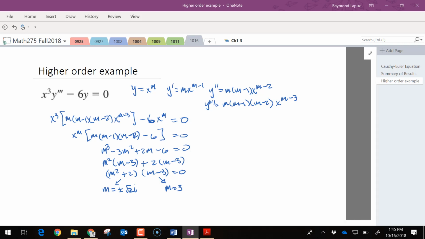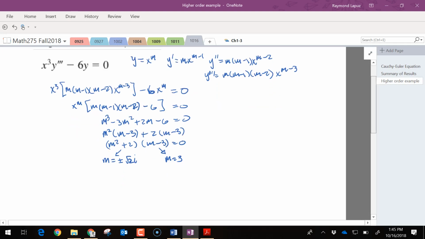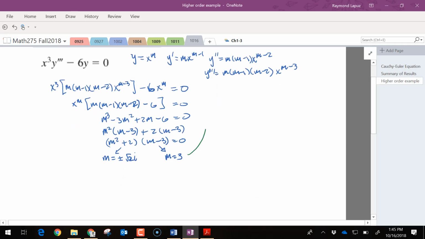So out of the m is equal to 3, you're going to get x to the m as your solution. And then out of this complex solution over here, we'll call this y1 maybe, and out of this complex solution, you're going to get two solutions, and that's with the sine and cosine.